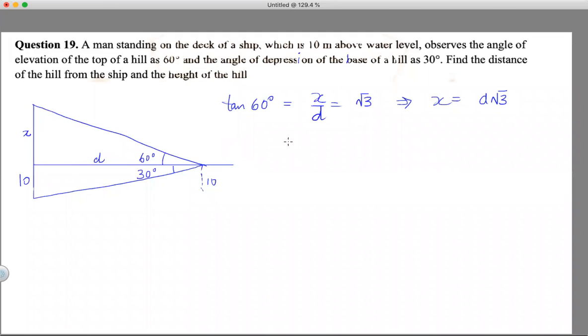Now we write the same thing. tan 30 degrees is equal to 10 upon d, is equal to 1 by root 3, which means d is equal to 10 root 3.